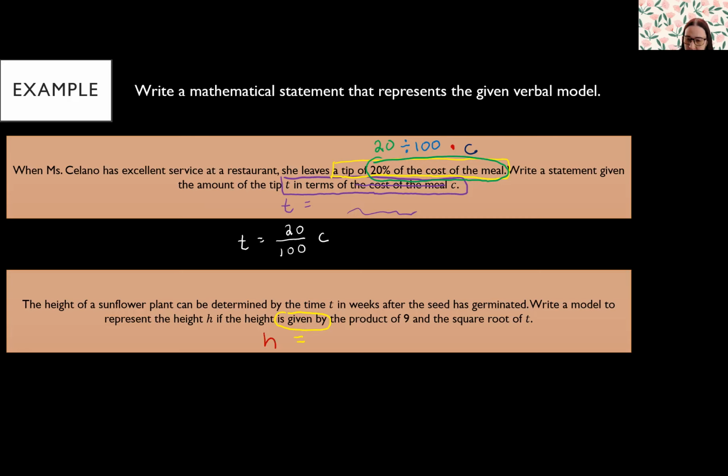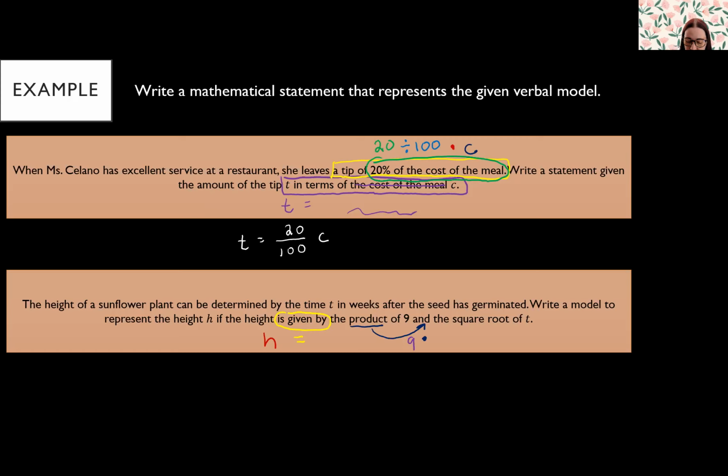So I have h equals. And then it says is given by the product. So product is multiplication. So we're going to put a multiplication sign where we have the word and. So we've got the product of 9. So 9 is to the left of the multiplication.